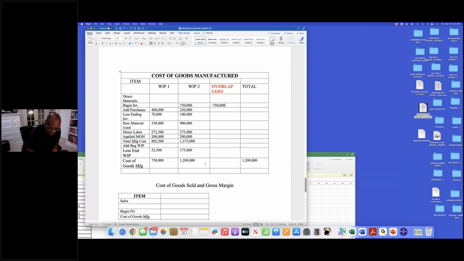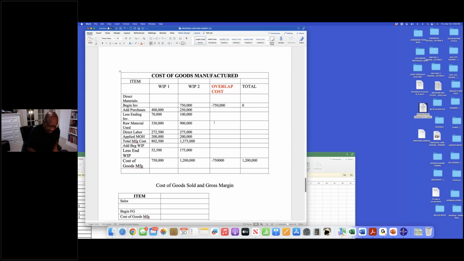You can go through the rest of these. Subtract it out here too.